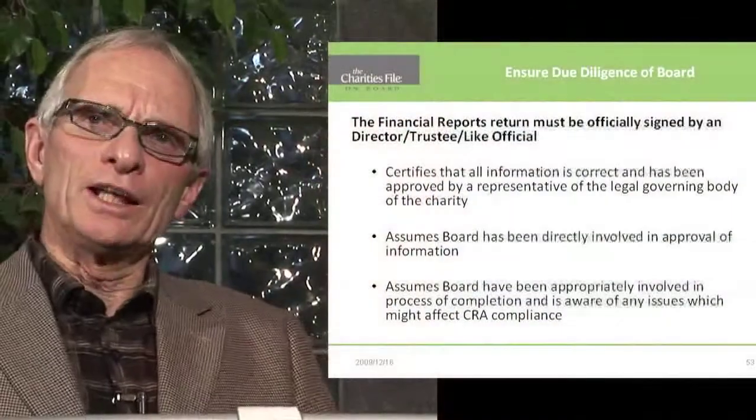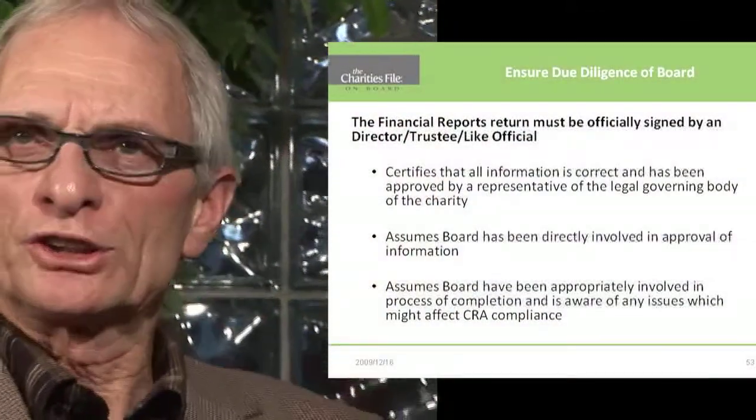And finally, the treasurer is really expected to spearhead the due diligence of the board in looking at the financial reports, because this needs to be certified as being correct and approved.